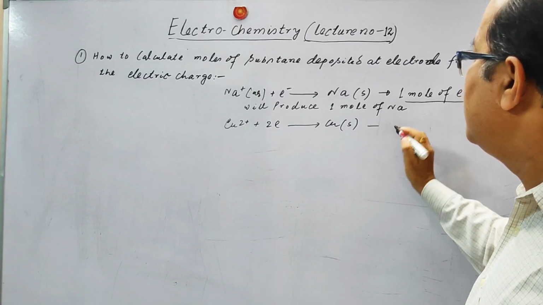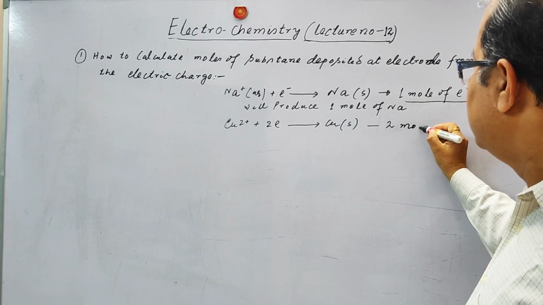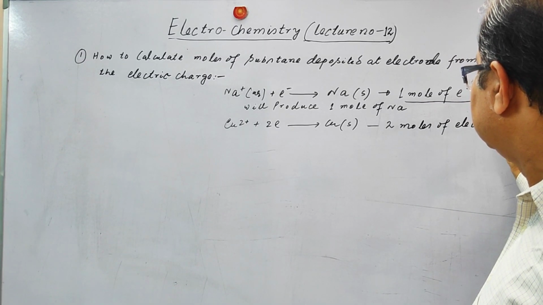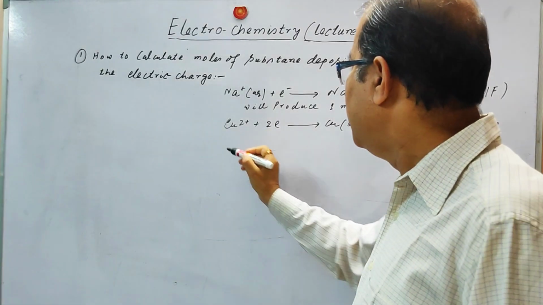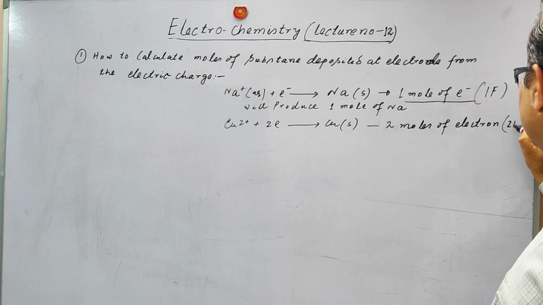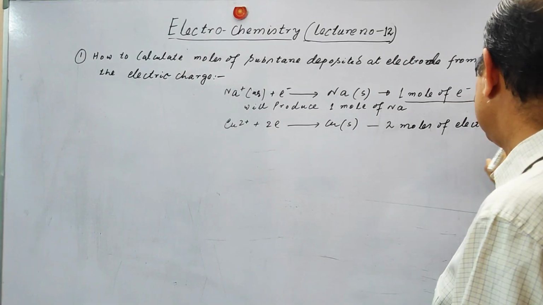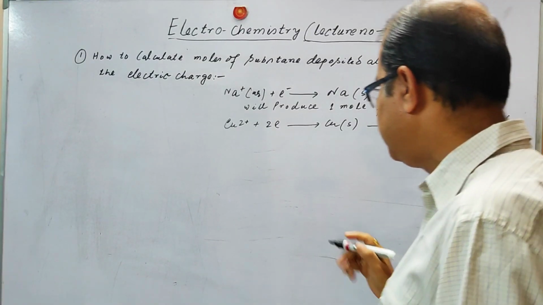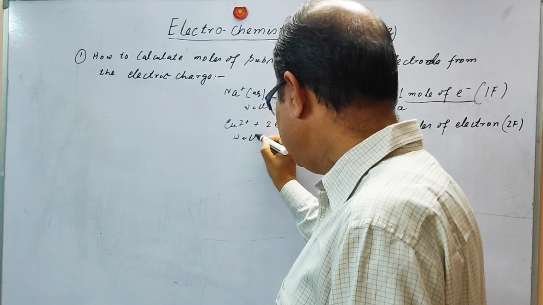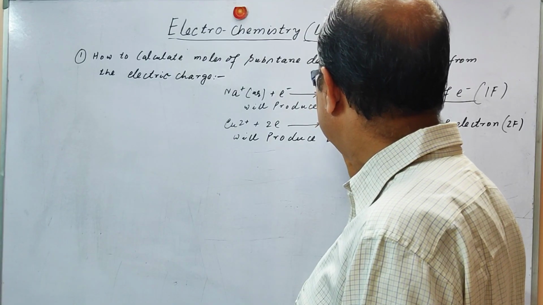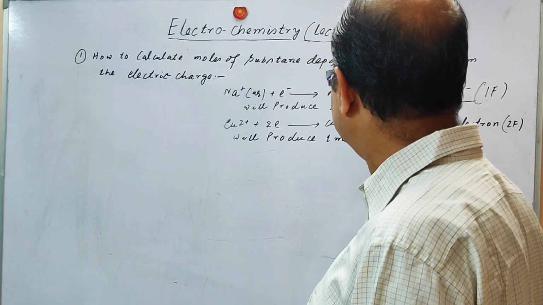Here you can see that 2 moles of electrons, that is 2 Faraday of electric charge, will produce 1 mole of copper.